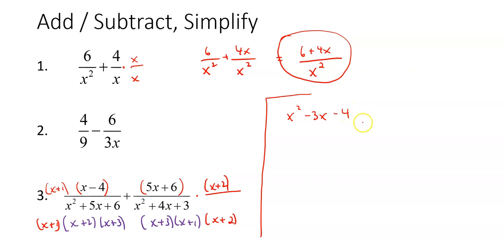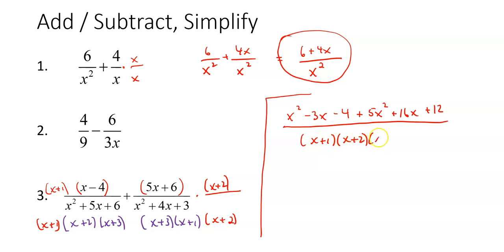Now look at the second terms, the 5x plus 6 times x plus 2. This is nice because there's a plus sign in between, so we say plus 5x squared. 5x times 2 is 10x. Plus 6x makes plus 16x. Plus 12, all over our common denominator of x plus 1, x plus 2, x plus 3.